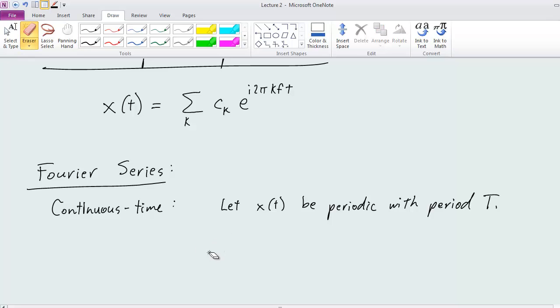Then let these coefficients a_k, which are going to be our Fourier series coefficients. I keep debating whether to use a or c. I think I'm going to switch to c. c_k is going to equal 1 over T times the integral from 0 to T of x of tau, e to the negative i 2 pi k over T tau, d tau.